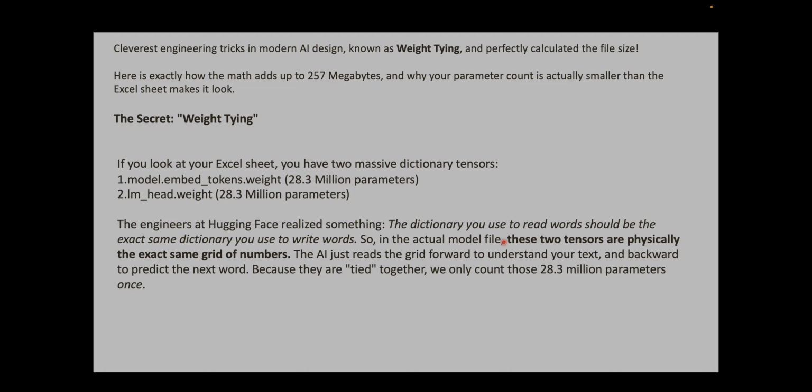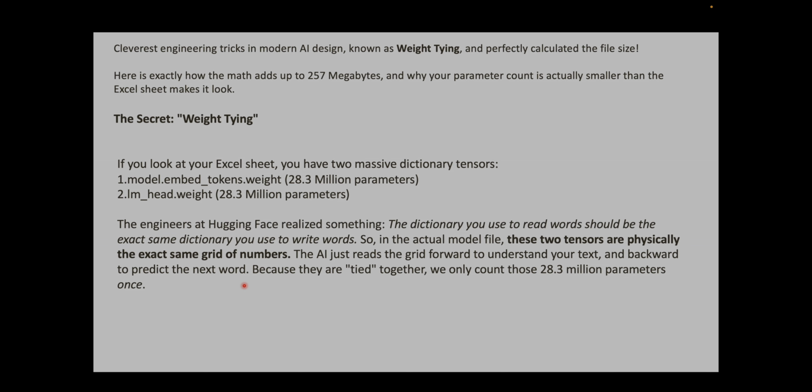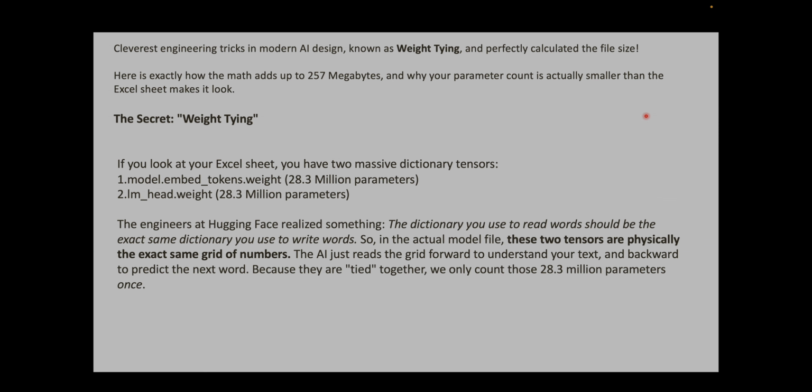So in the actual model file, these two tensors are physically the exact same grid of numbers. Because they are tied together, we only count those 28.3 million parameters once. That's why these 28.3 million parameters are the same for reading and writing. That's what we call weight tying.